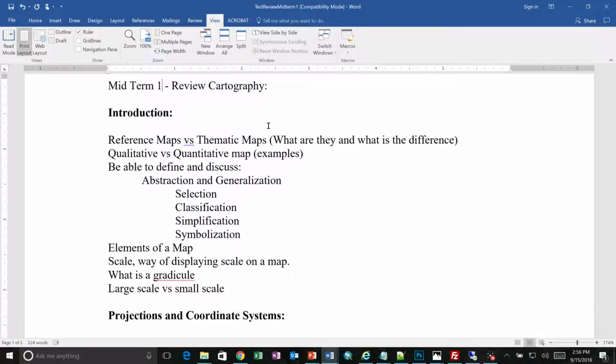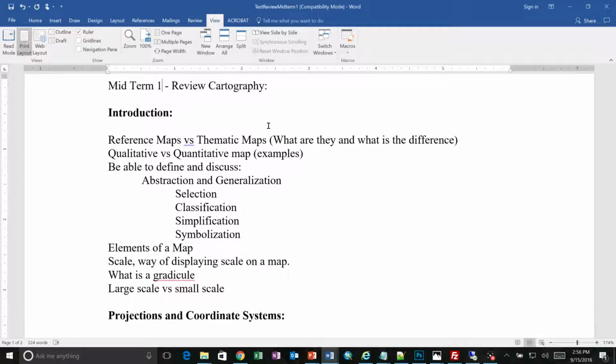The world is very complex. And so in order to abstract and generalize the world, we can do these 4 things. And sometimes the lines kind of blur between what they are. Okay? So I'm not going to ask you to say, is this selection or is this classification? That's not like that. But generally, you need to know what each of these terms means.